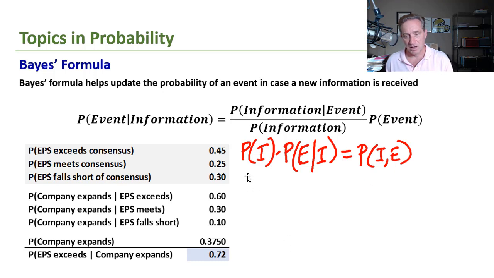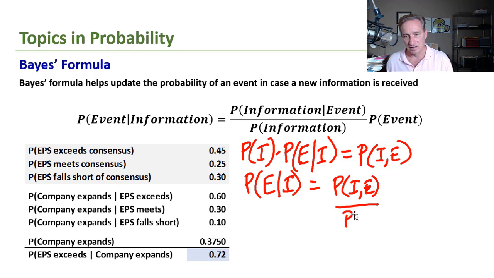And we could solve for the conditional probability of information given the event, which is equal to a joint probability of information and event divided by the unconditional probability of the information. So we just expressed a conditional probability as equal to a joint probability divided by an unconditional probability. That's a basic probability relationship to me.